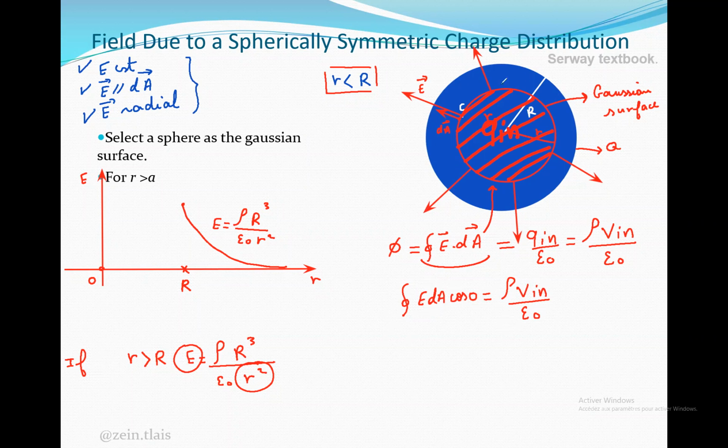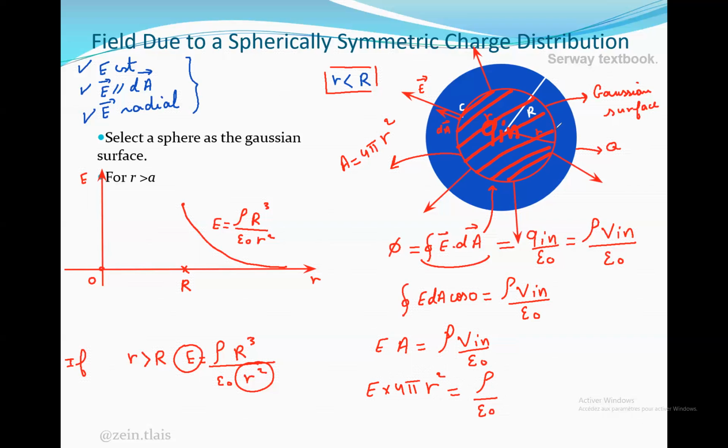E is constant at any point, so EA equals rho Vn over epsilon 0. You know A is for the Gauss's surface. This one has A equal 4 pi r square. So E times 4 pi r square equals rho Vn divided by epsilon 0.